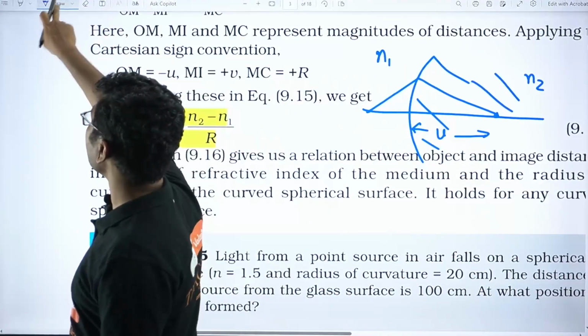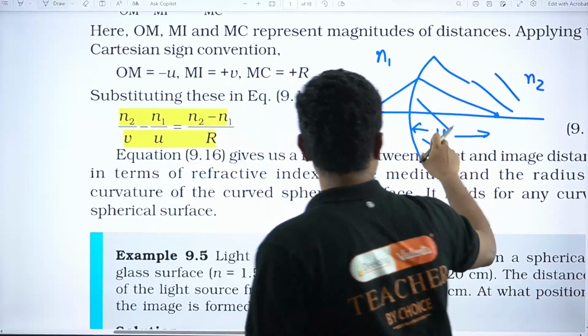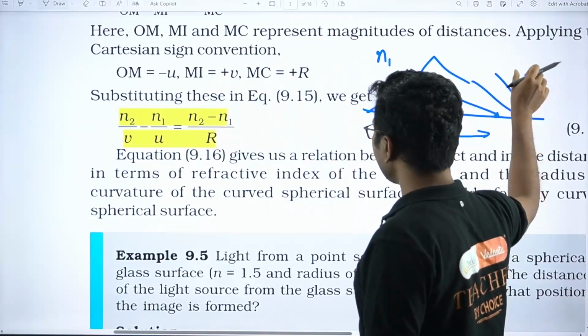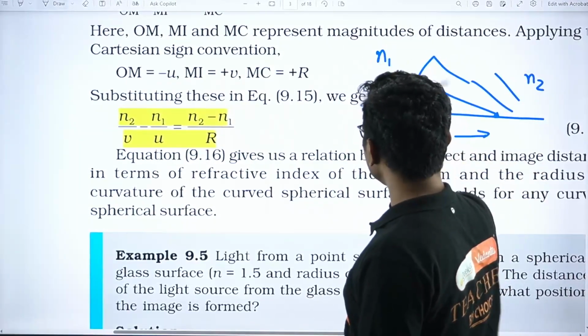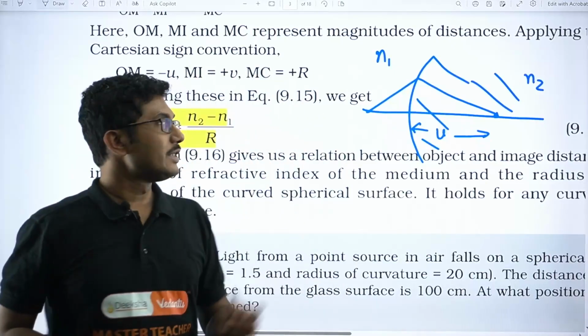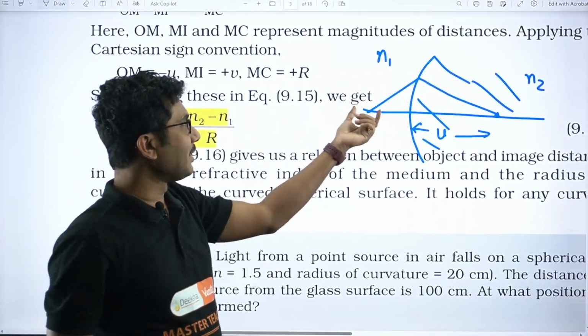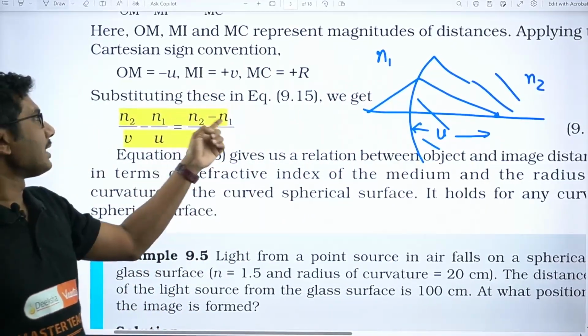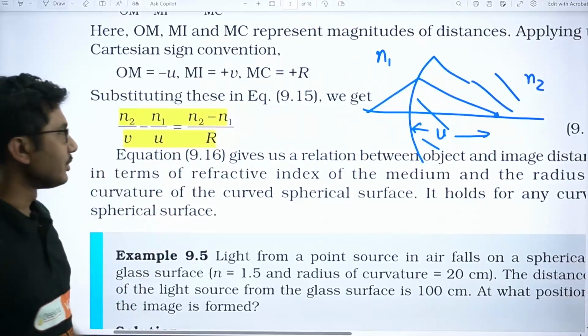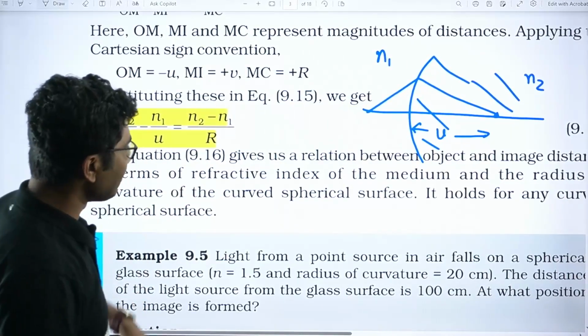So from there we can say N2 divided by V minus N1 divided by U, so U is in our first medium, so N1 divided by U is equal to N2 minus N1 divided by R. So this is the formula that you should remember, easy to remember.